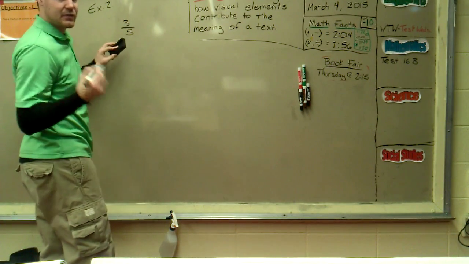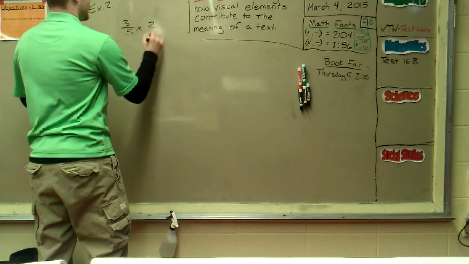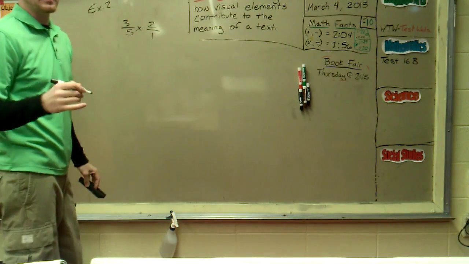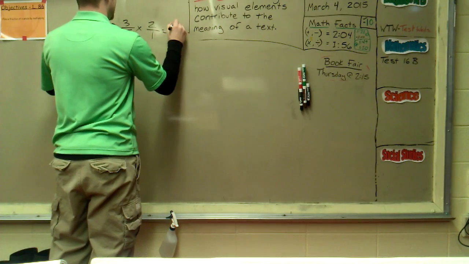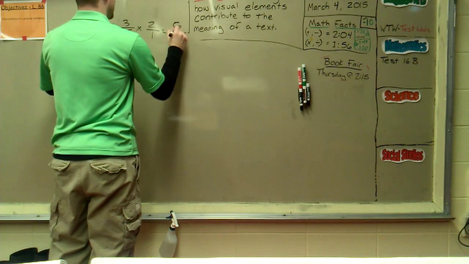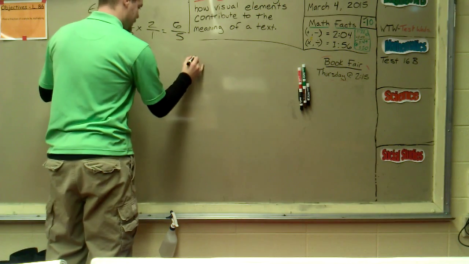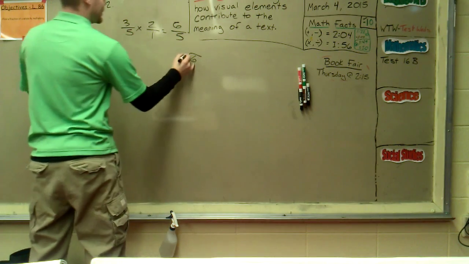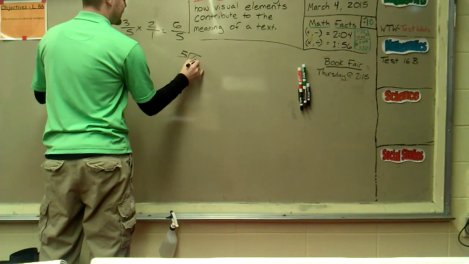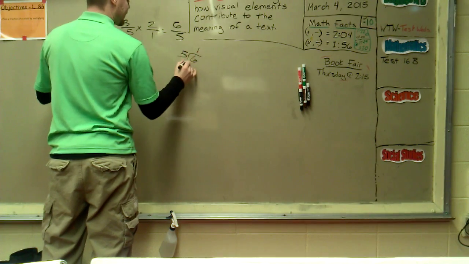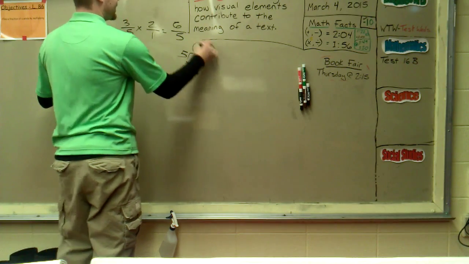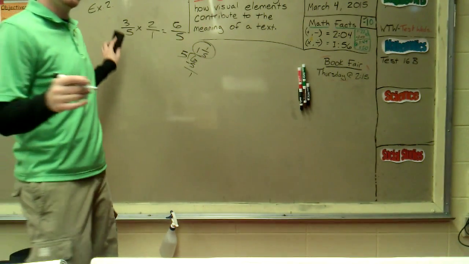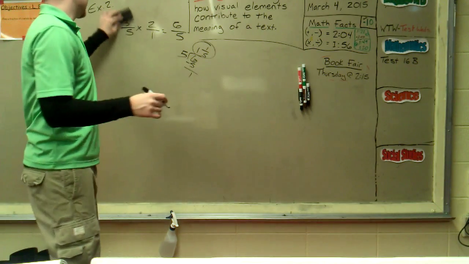When we multiply these fractions by whole numbers, we're going to change that whole number to a fraction by putting it over 1, and we'll multiply straight across. 3 times 2 is 6. 5 times 1 is 5. You have an improper fraction, so we need to divide numerator by denominator. 5 goes into 6 once, and we have a remainder of 1. We show that as a mixed number. Our answer for example number 2 is 1 1/5.